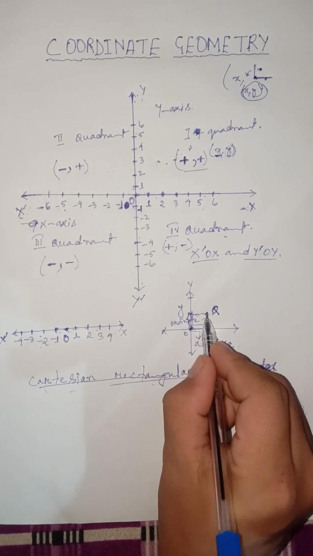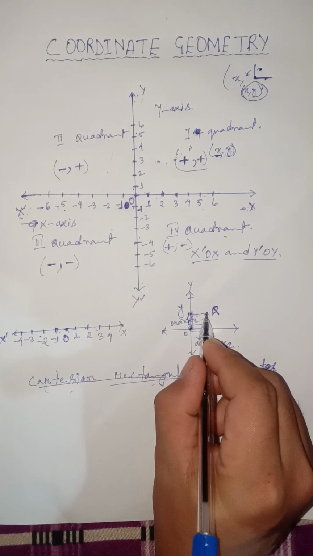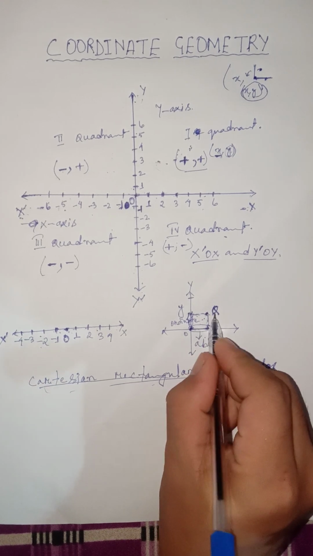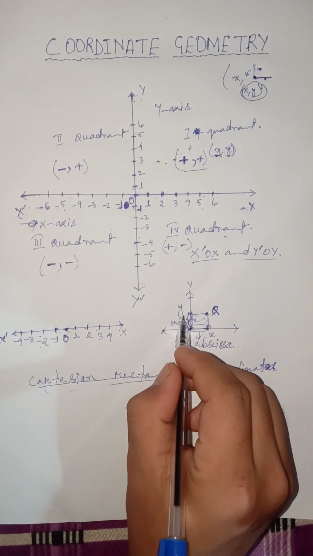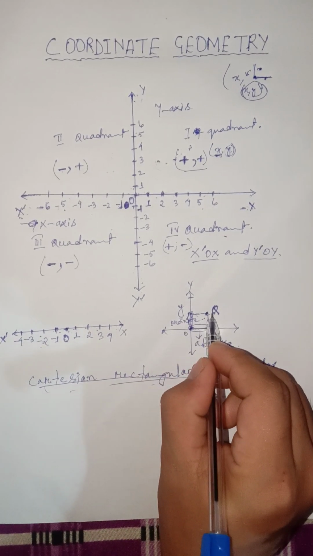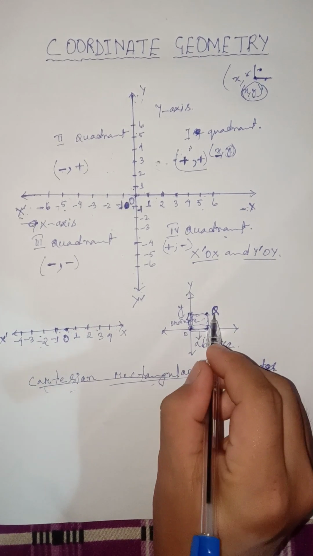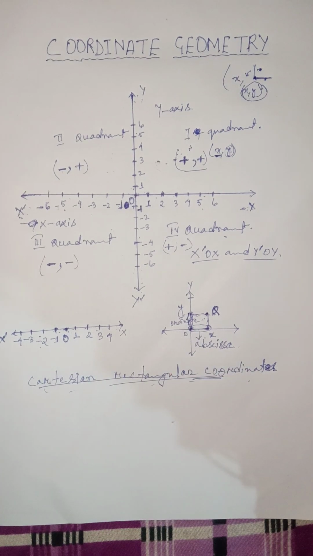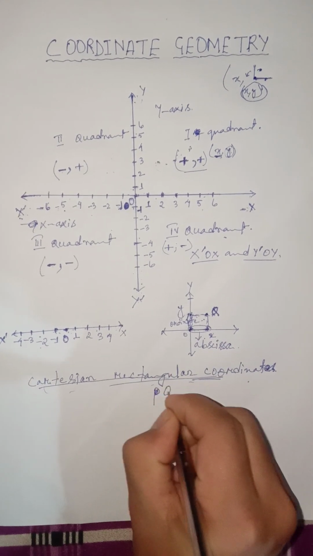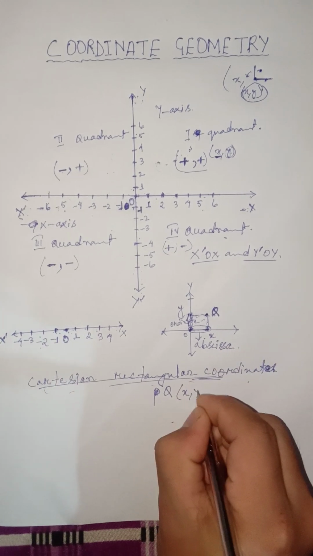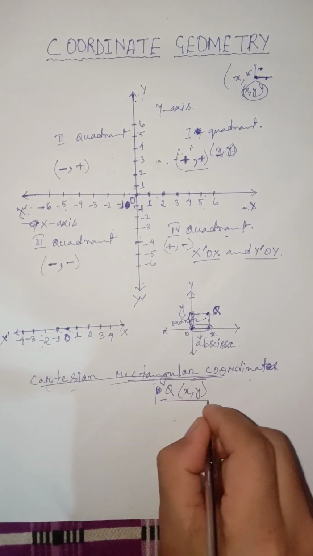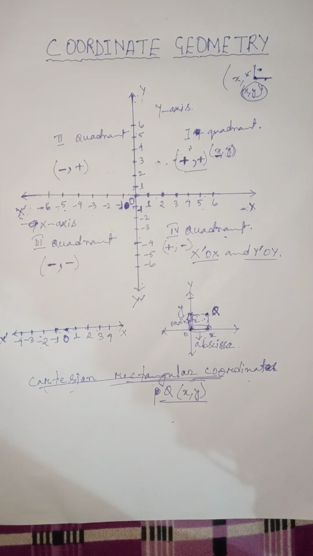And the point that we are about to find, we name it Q. And x and y, we take to get these positions, and we call this the Cartesian rectangular coordinate of Q. Then simply at last we will denote it as Q(x, y), which represents the Cartesian rectangular coordinate of Q, right?